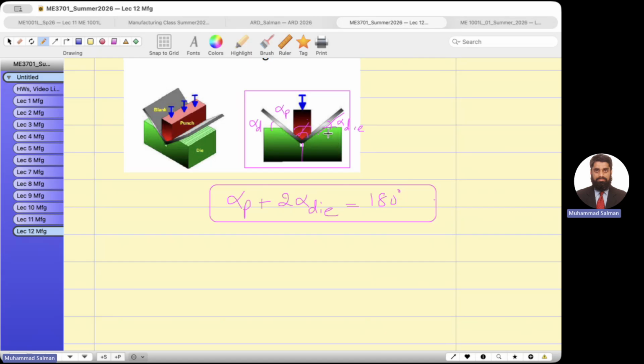And also there is one more thing. This is L. The bending is taking place over here with this axis of rotation. So if the force comes down here, please write down this formula.